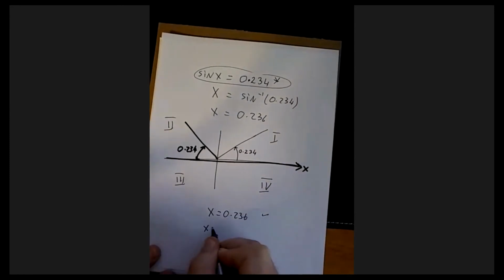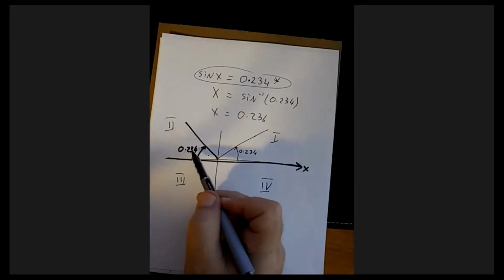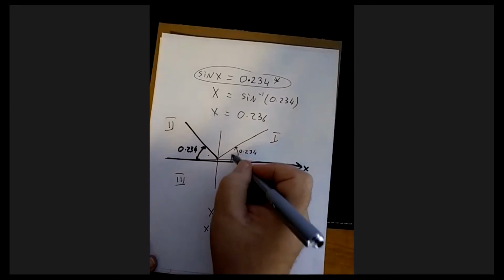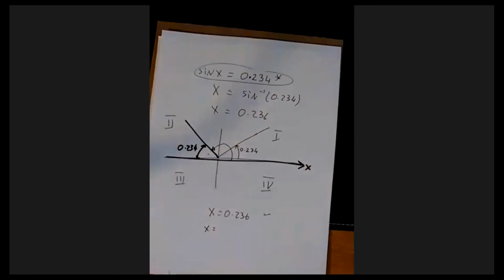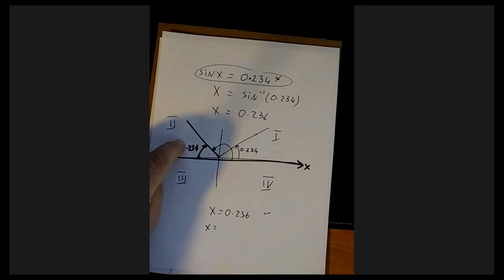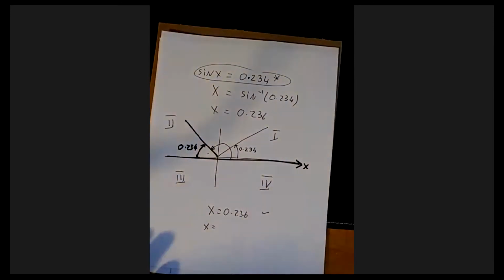Now, how do you find the second one? Its reference angle is 0.234, but the one that we want is this angle, right? So if I know this is 0.234 and I want to find this angle, what do I need to do?